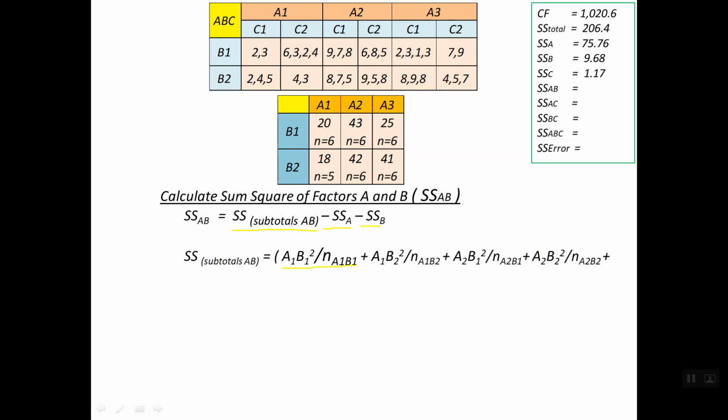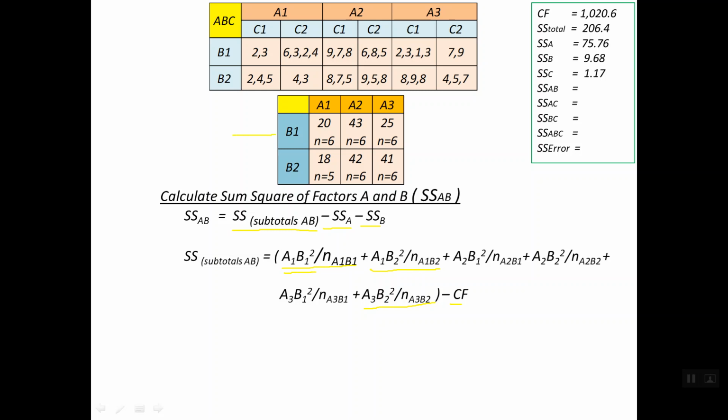Here we have the calculation for A1, B1. Here we have the calculations for A1, B2. And here we have the calculation for A3, B2. And finally, we subtract the correction factor. How to calculate for A1, B1, for example?